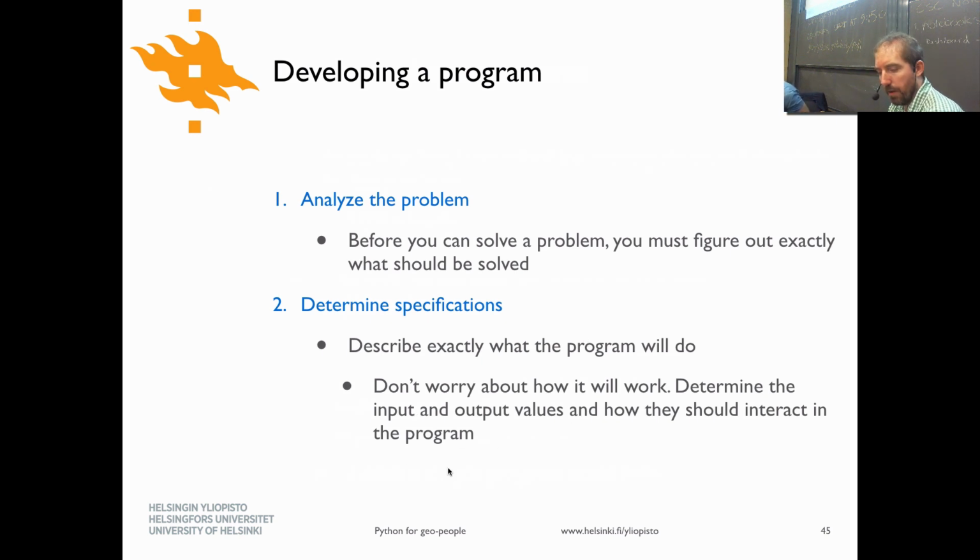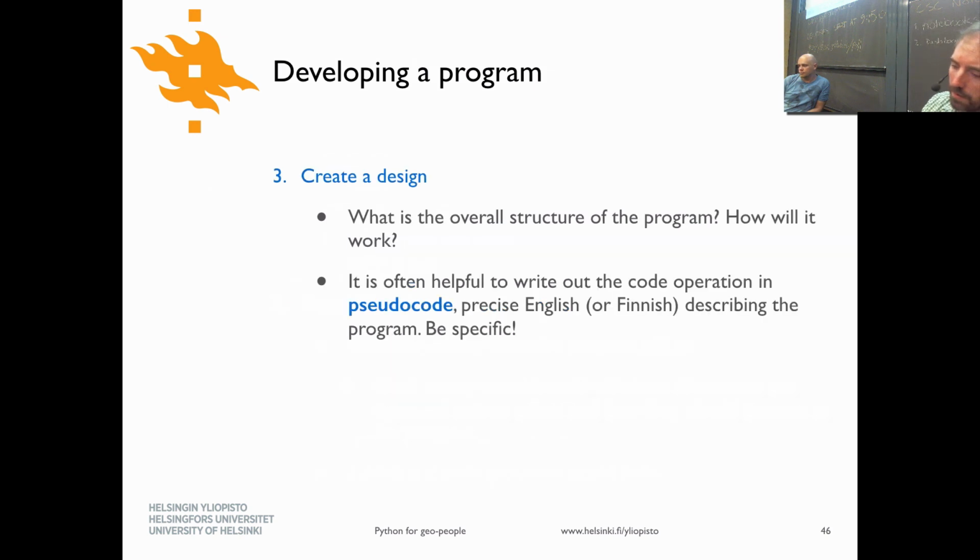And these are kind of the input and output values and how they should interact in the program, not in detail, but just in general. So at this point, I kind of have a bit of a picture of what's going on, and I can move to step 3, which is the design of the program. Here, you remember that the computer needs to process instructions step by step. This is the point where we can write down step by step what the computer should do.